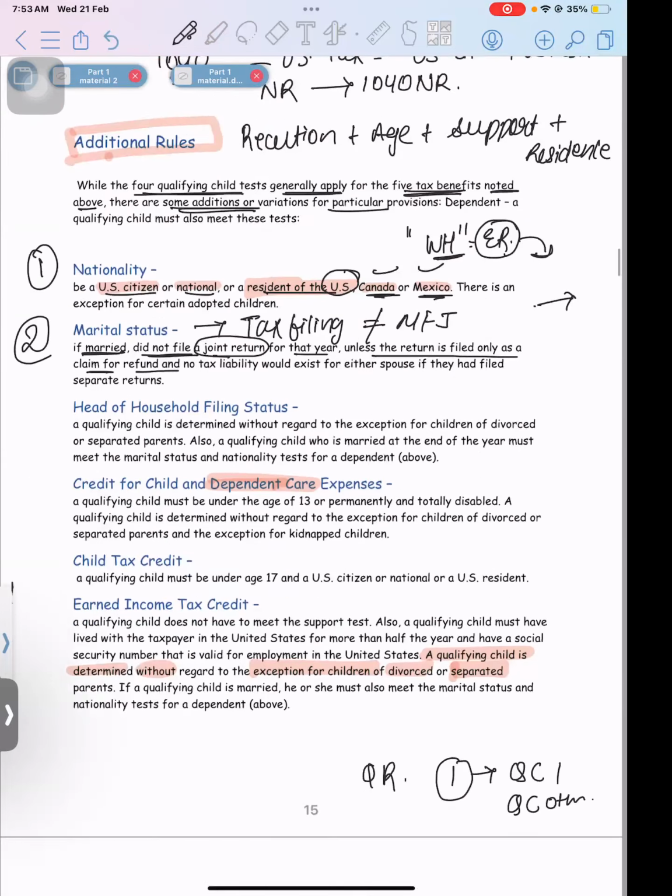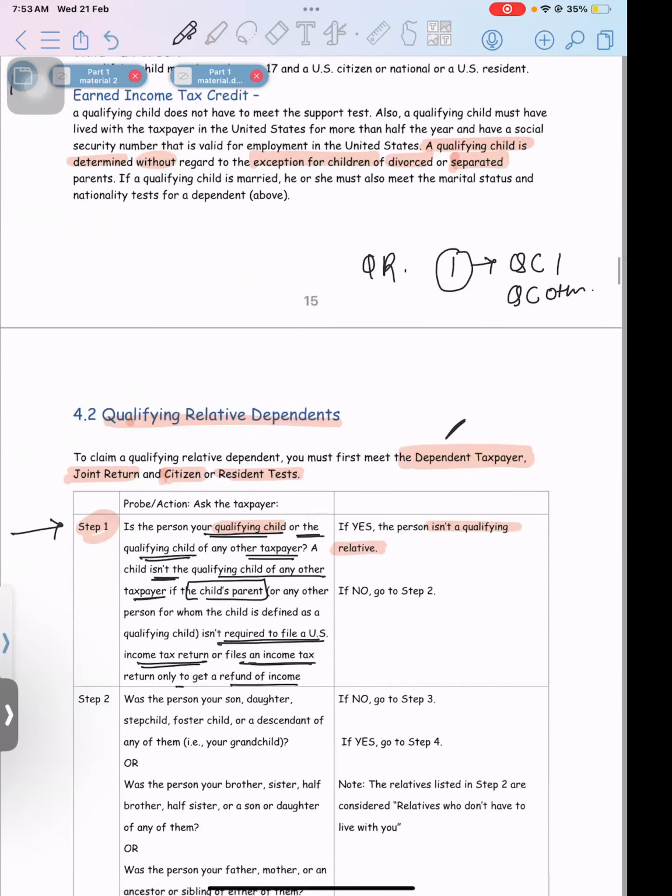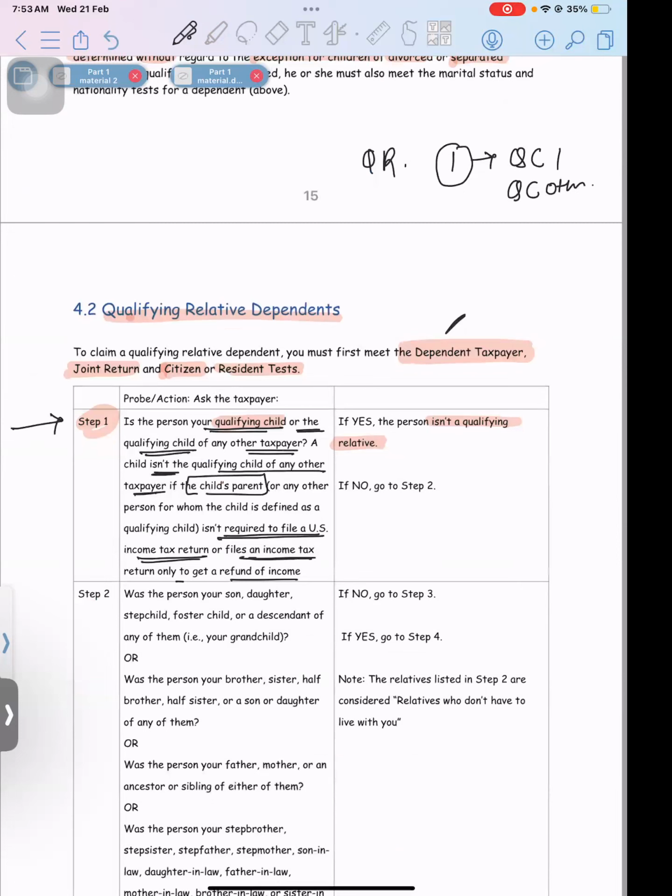If he is already fulfilling the status, other taxpayer means any other taxpayer. See, if a person is your qualifying child or a qualifying child of any other taxpayer, let's say my sister's son, I'm claiming him as a qualifying child or qualifying relative in my return.